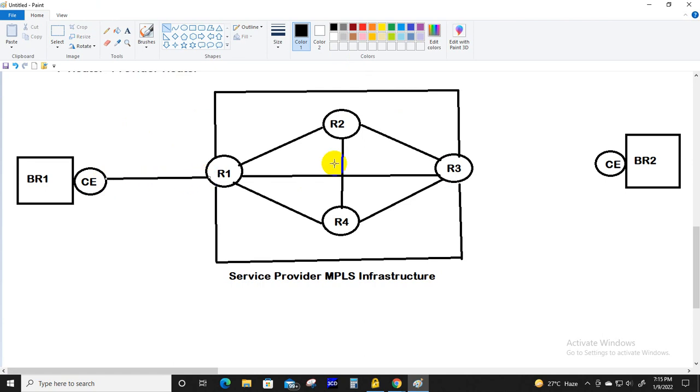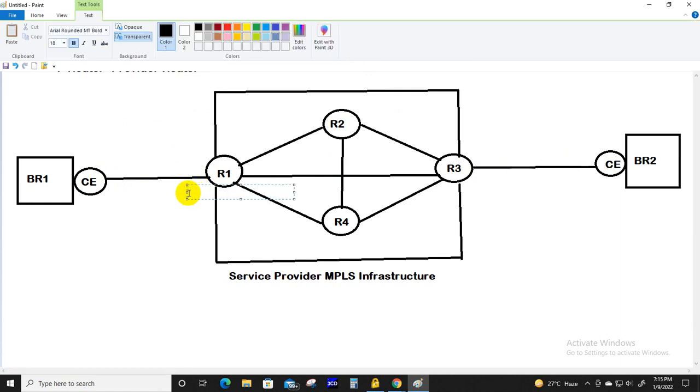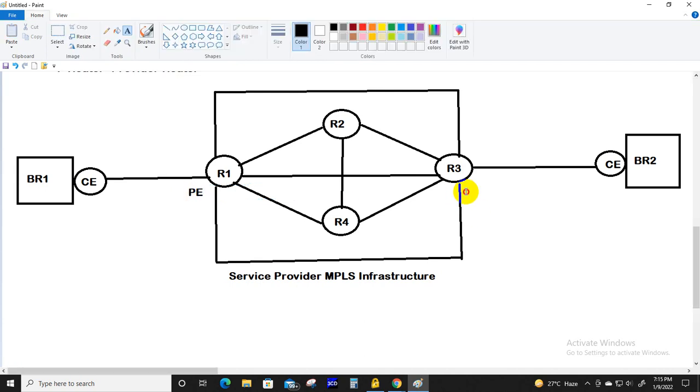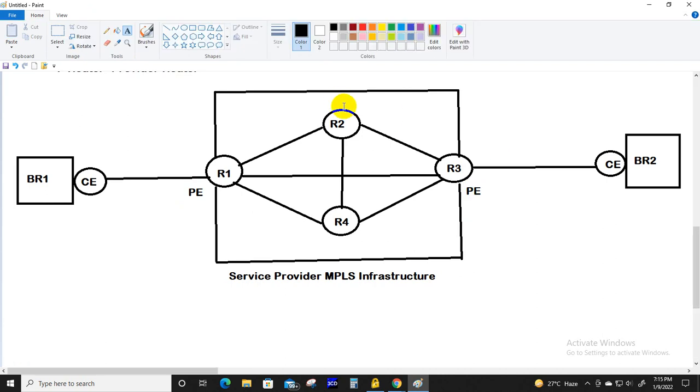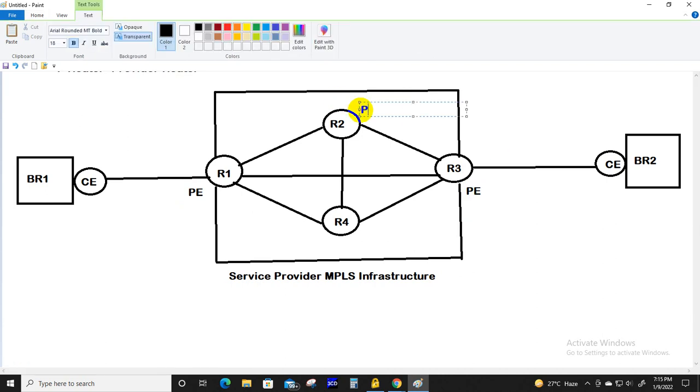These are directly connected to provider's MPLS infrastructure. R1 and R3 in this diagram are PE routers, provider edge routers, and R2 and R4 are P routers, provider routers.